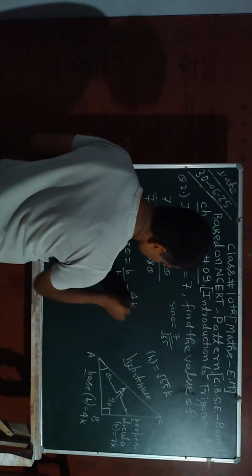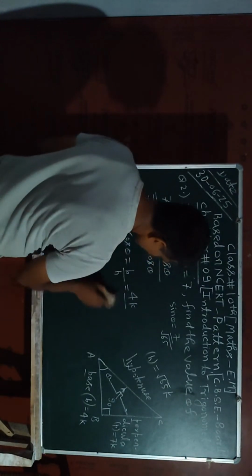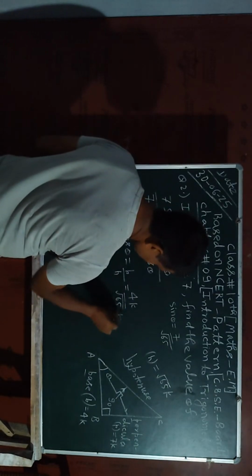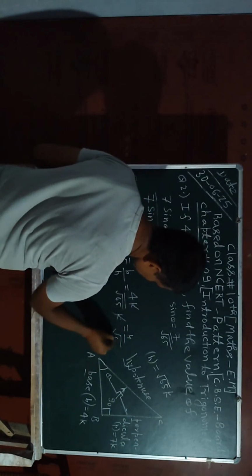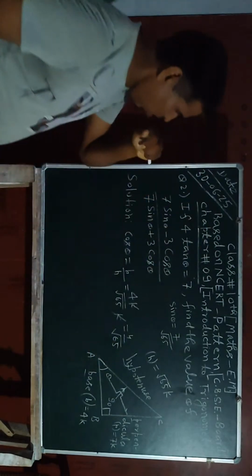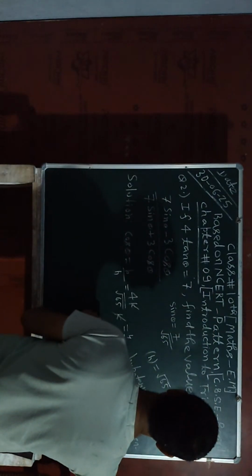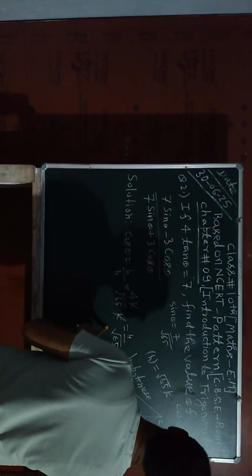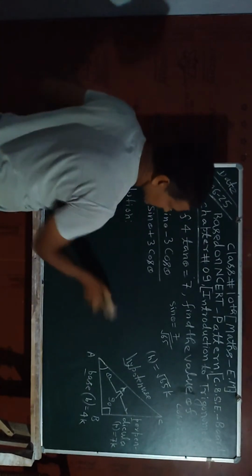So I write here 4k divided by root 65 into k. K and k will cancel out. I will write here 4 divided by root 65. So this is the value of cos theta. Now I am also going to save its value: cos theta is equal to 4 divided by root 65. Okay. Now this information I will erase for getting the expression value.